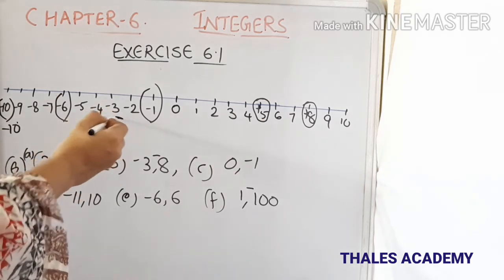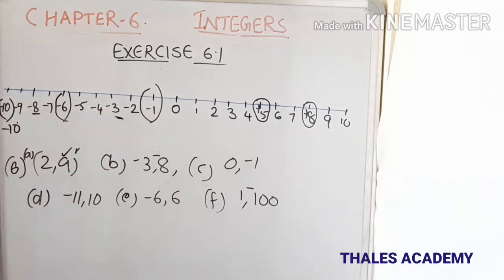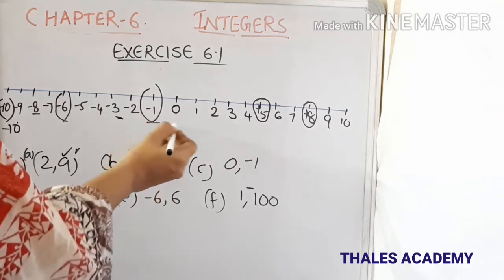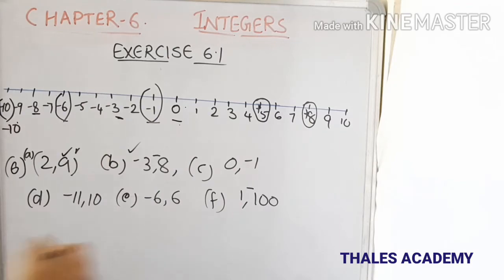Minus 3 is right to minus 8. Next, 0 and minus 1. In this, minus 1 is here, 0 is here. So 0 is the number which is to the right of minus 1.